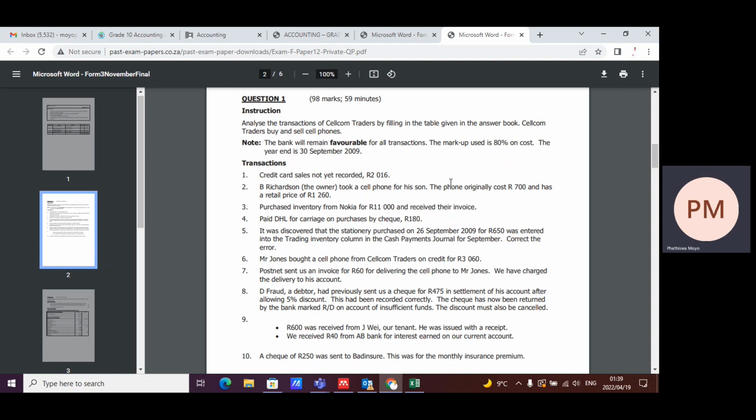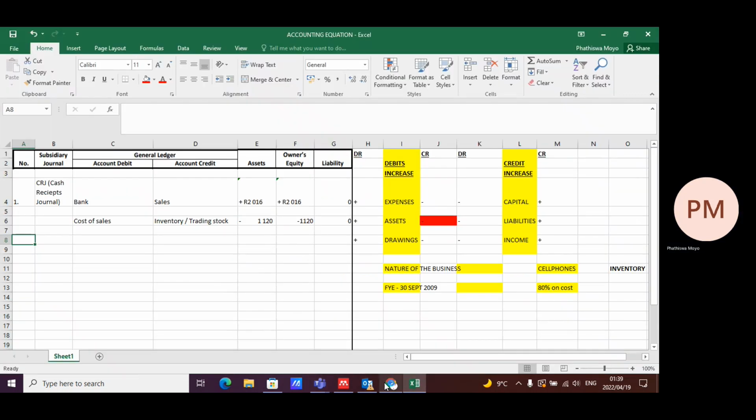And drawings, we record them at cost, not at sales price. The phone originally costs 700 and has a retail price of 1,260. So where would you record drawings? I would record them in the general journal.